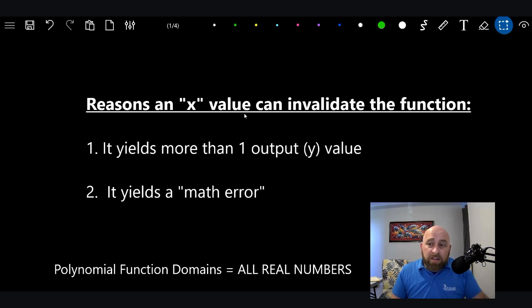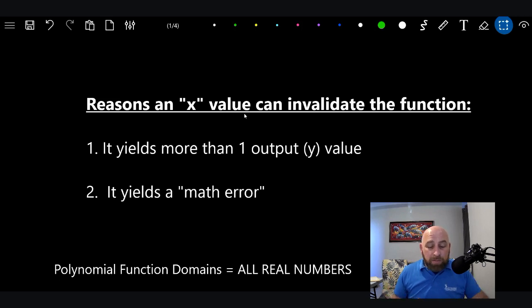To be valid is just to be true, or something that always works. To be invalid is something that's false, and it doesn't work. And something can be invalid sometimes and valid other times, and that's what we're talking about with the x. Some values that you put in for x can make it valid. It works. Other inputs, if you will, make the function invalid, and it doesn't work.